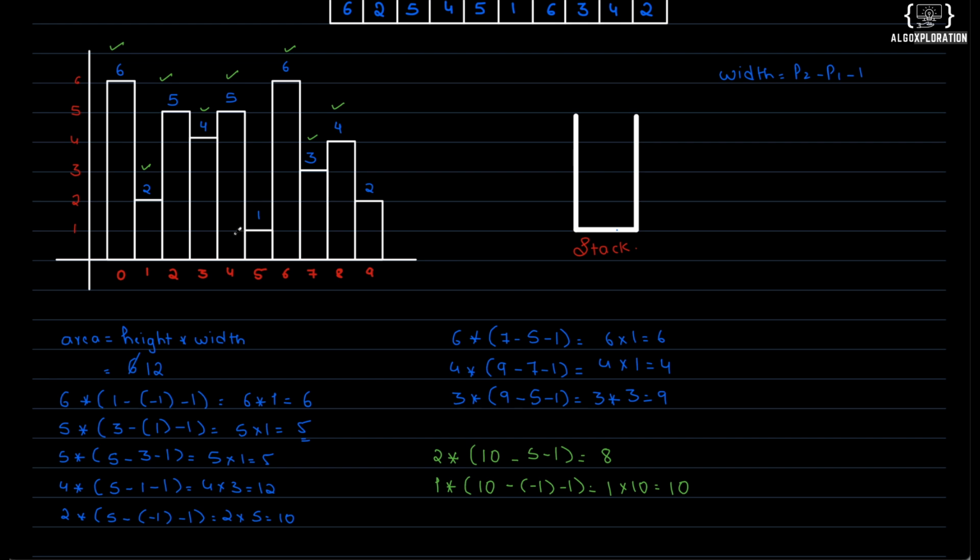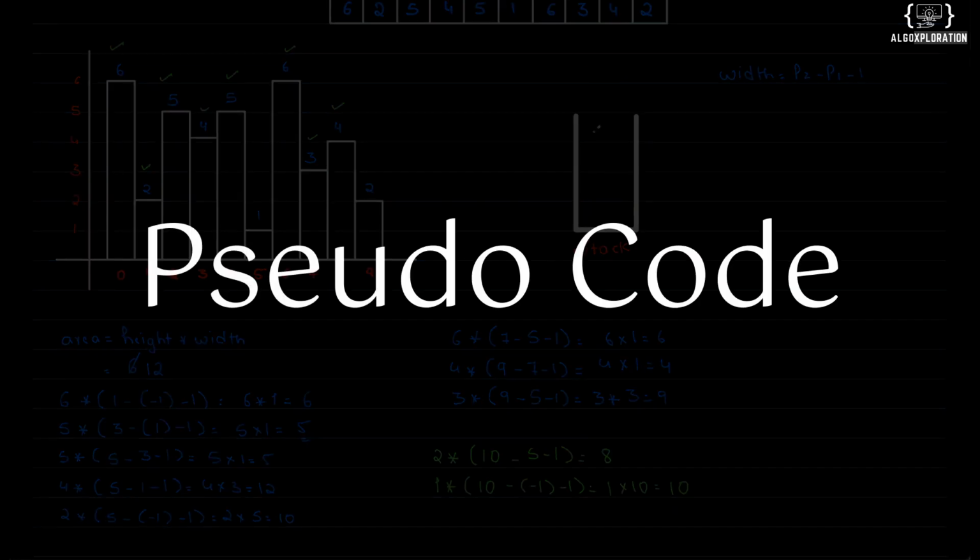So if I want to include this, I can see that the width will be nothing but 10. Okay, and hence I got this. So basically in this way we can solve this approach. I have just taken the help of a stack, nothing like a left array or right array. Okay, now let's talk about the pseudocode for this.